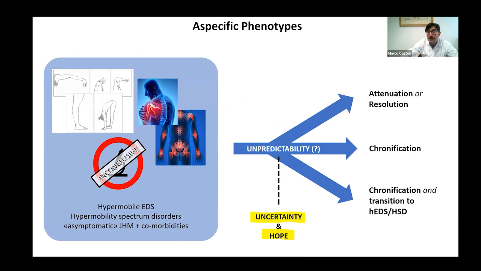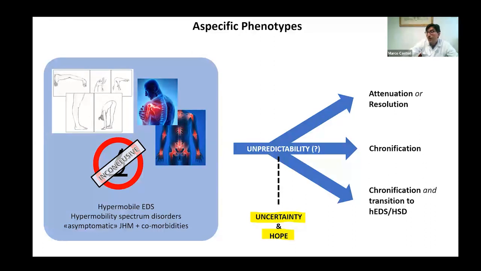Once molecular testing has been carried out and gave negative or inconsistent results, or has not been considered appropriate, clinically relevant joint hypermobility usually arises in the context of aspecific phenotypes. Currently, aspecific phenotypes include hypermobile EDS, hypermobility spectrum disorders, and perhaps asymptomatic in musculoskeletal terms, and non-syndromic joint hypermobility with one or more comorbidities.